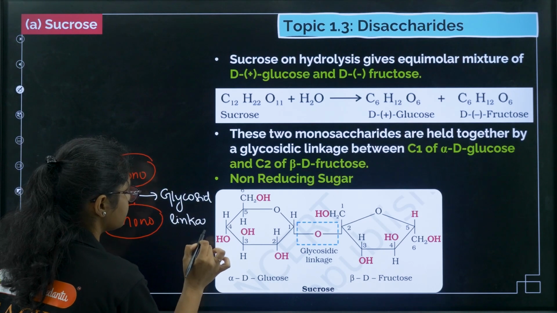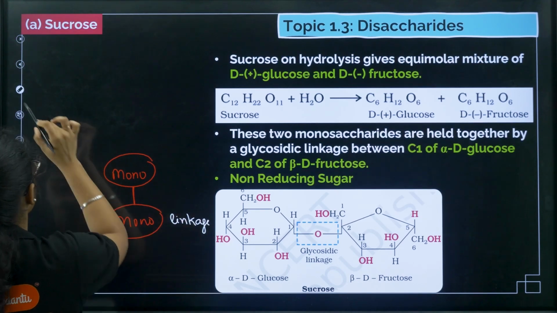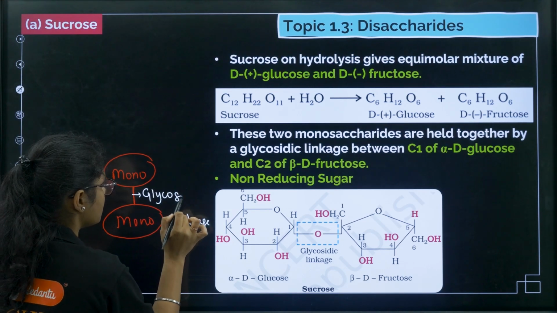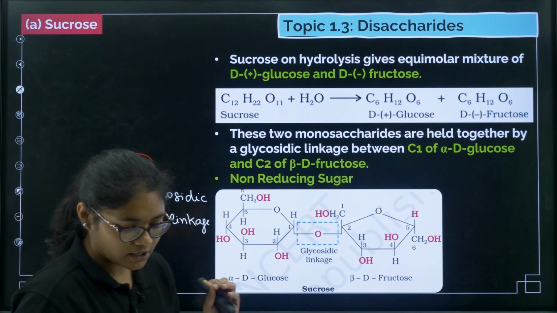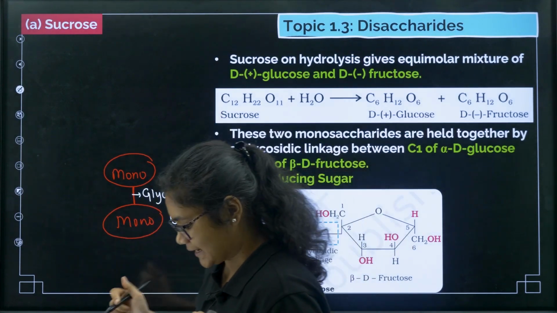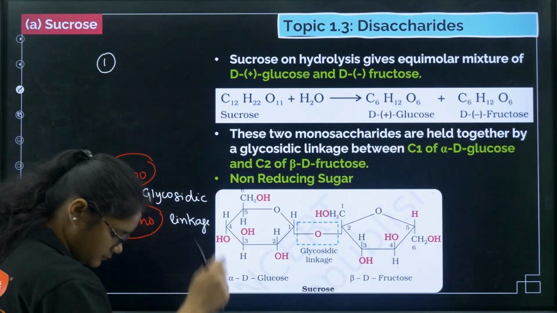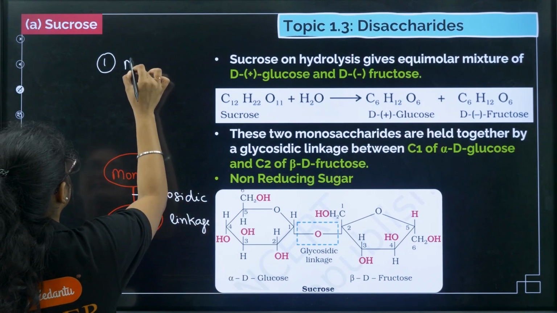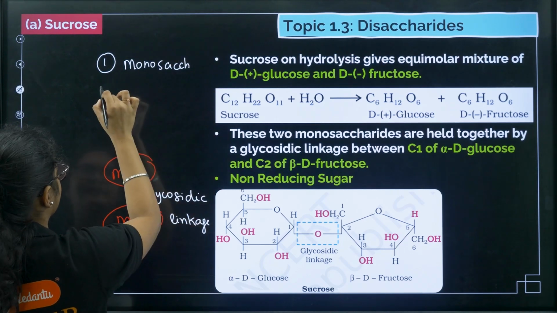Glycosidic linkage. Okay, so let me write it clearly. This bond is called glycosidic bond. Clear? This bond is called glycosidic linkage, which connects two monosaccharides. So for every disaccharide you need to remember 3 important things. First, what the monosaccharide units are, like this disaccharide is made up of what monosaccharides.